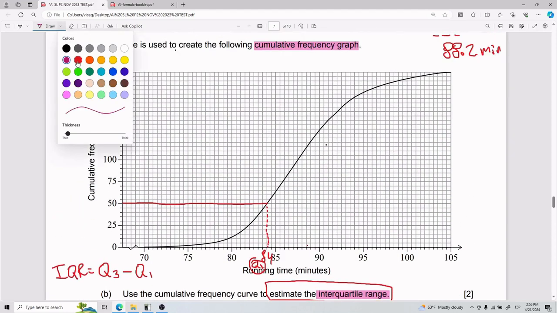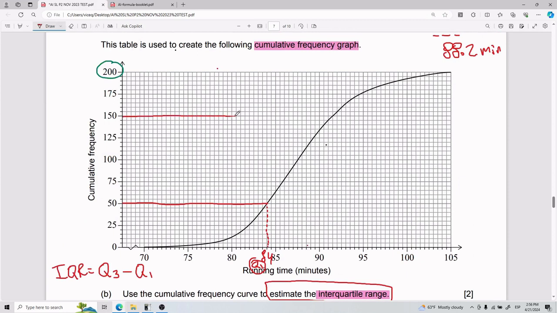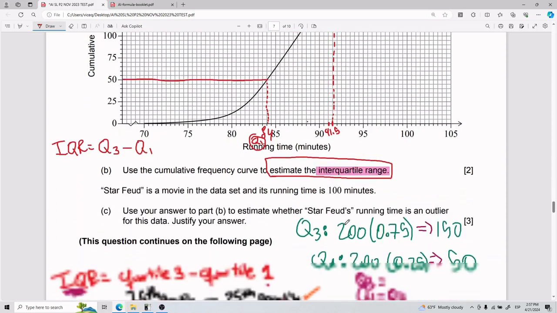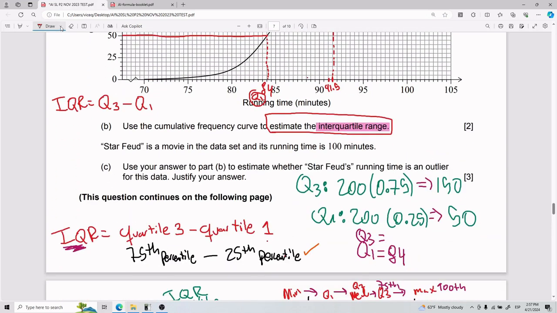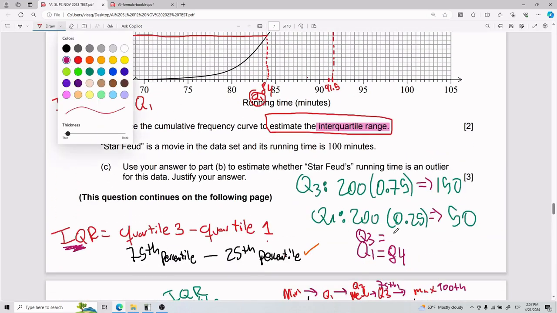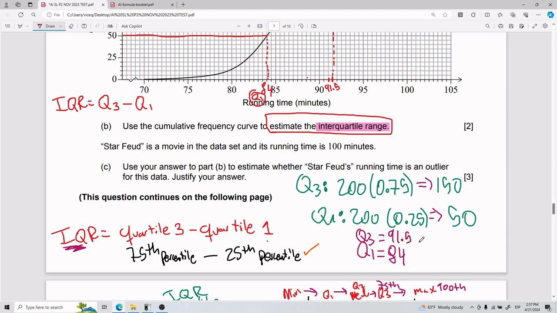So at 150, I have, if this is 91, then next to it is 91.5. So Q3 is going to be 91.5. That means your interquartile range is going to be 91.5 minus 84.